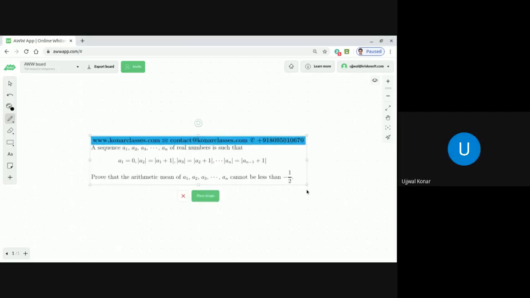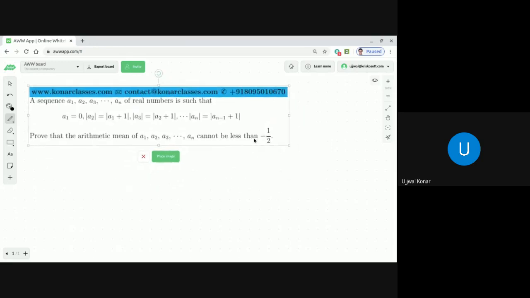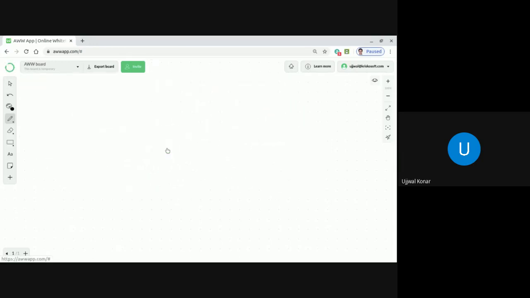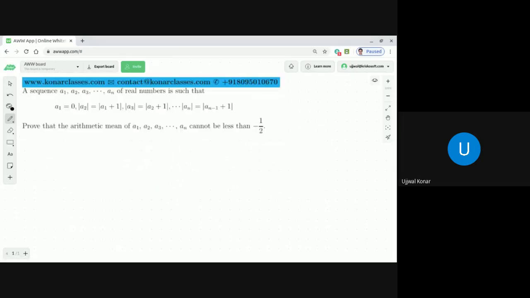If you look into the first question, you can see the pattern: a1 is equal to 0, mod of a2 is equal to mod of a1 plus 1, mod of a3 is equal to mod of a2 plus 1, and in that way it proceeds.